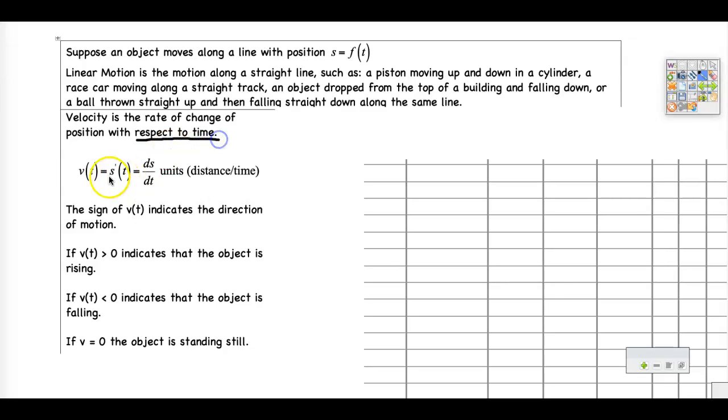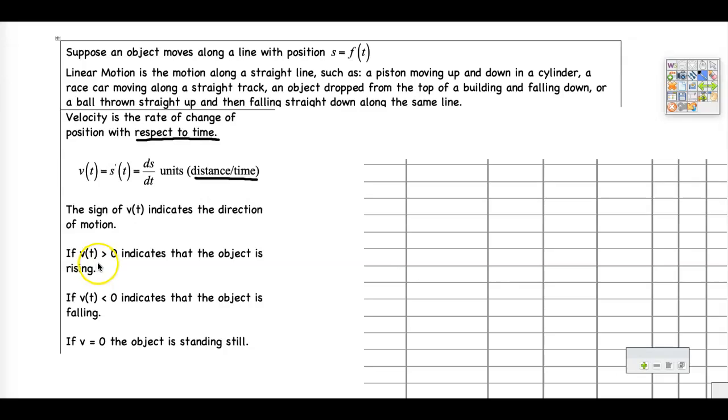Another way to write the velocity function is as the first derivative of the position function, which is the same as saying ds over dt. You're taking the derivative of s with respect to t, and the units for the velocity are distance per time. Therefore, the sign of your velocity will indicate the direction of motion.